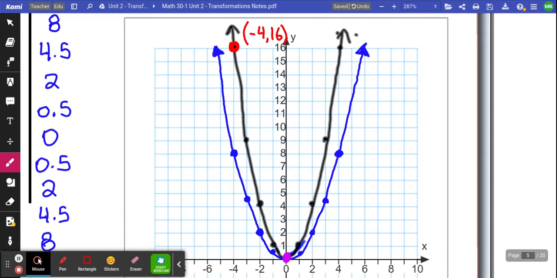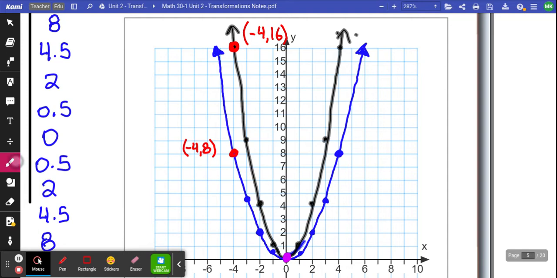If I look at my blue graph and I look for where x equals -4, I get this point. That point is at -4, 8. X values stayed the same, but the y values have changed. It went from 16 to 8, divided by 2.